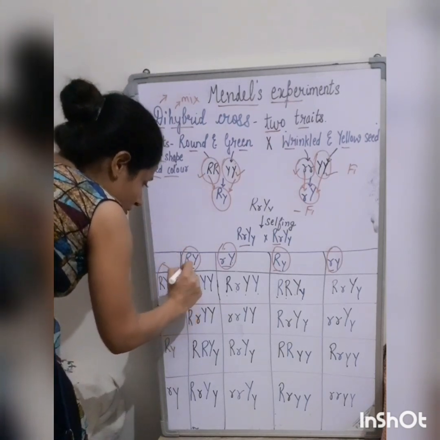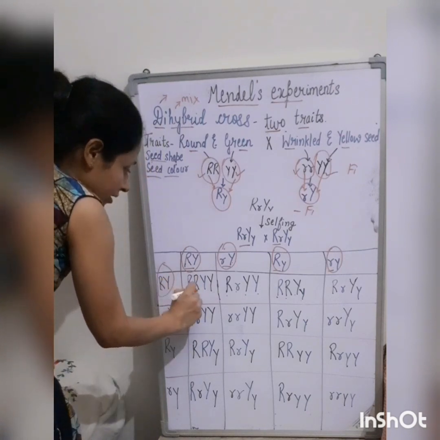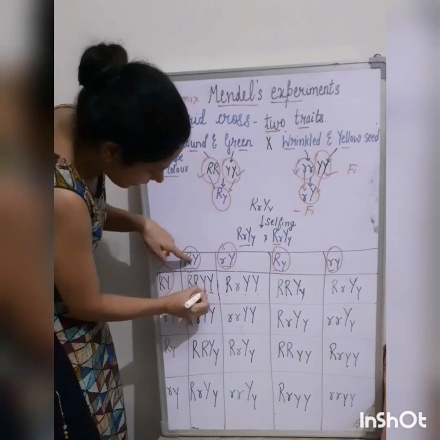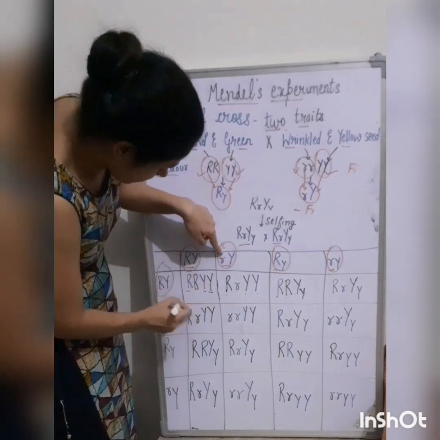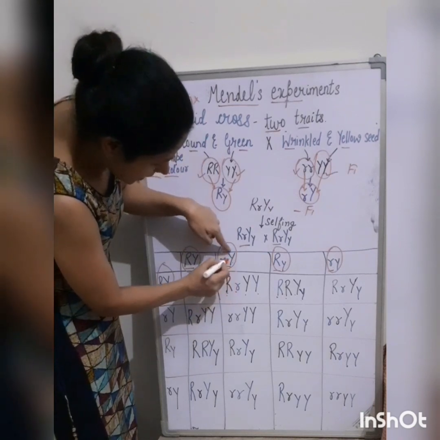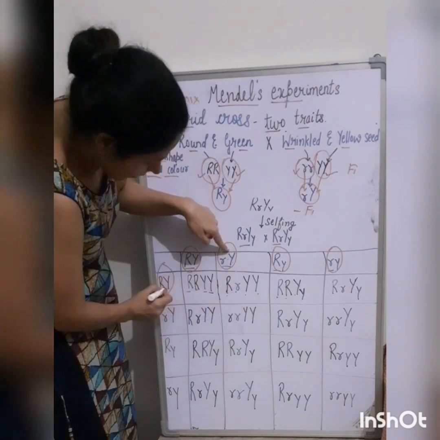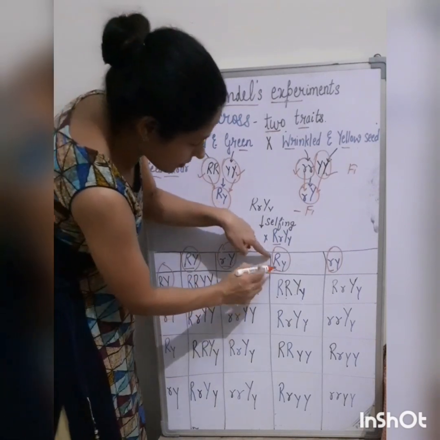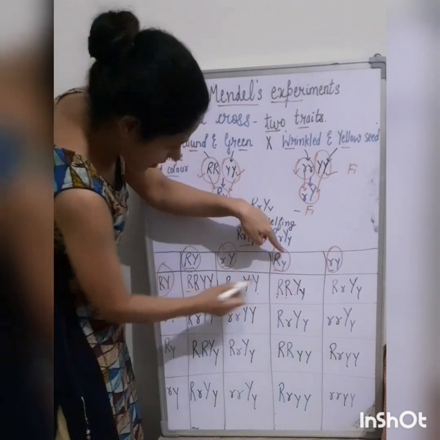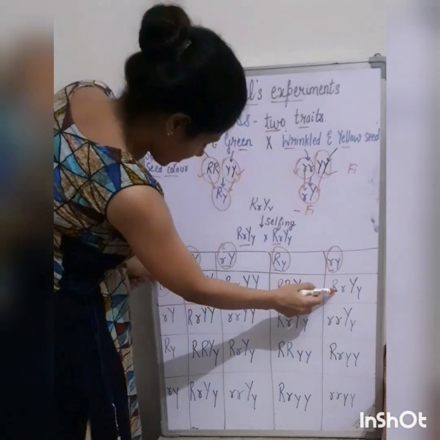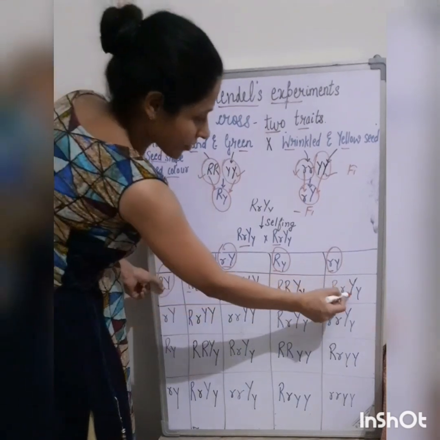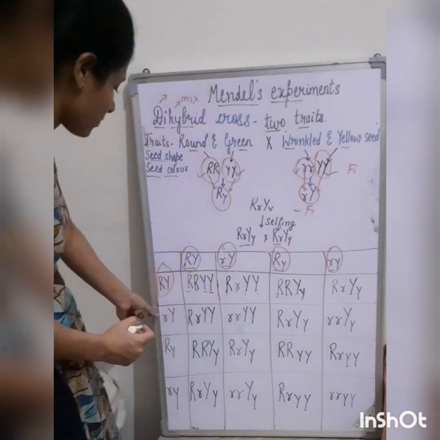Capital R from here and capital R from here. Capital Y from here and capital Y from here. Here, capital R from here and small r from here, capital Y from here, capital Y from here. Similarly, capital R, small y, capital Y. Capital R, small y and capital Y, small r.